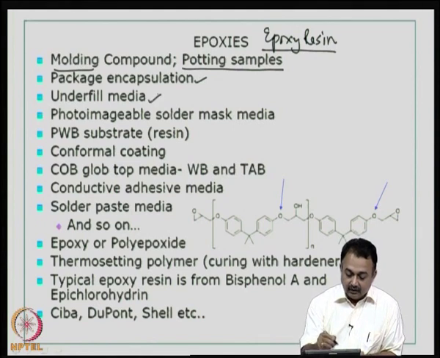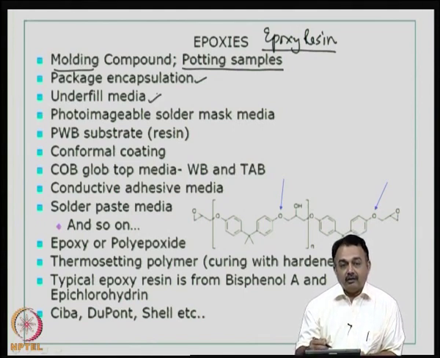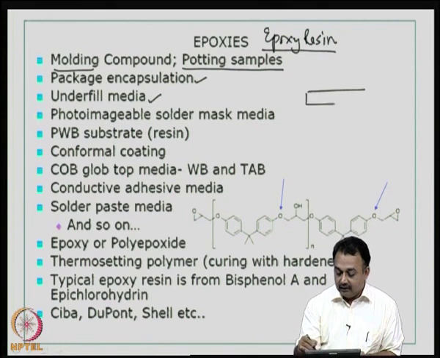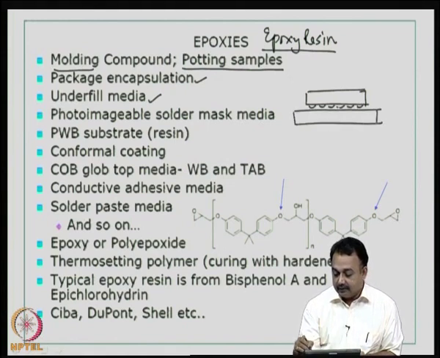It is also used as the material for underfill media. As I briefly mentioned, a flip chip is a die which has bumps underneath, and when you mount it on a substrate, an organic substrate or a ceramic substrate, there are bond pads on the substrate which you will register with the flip chip, and the area between the die and the substrate is protected with underfill.